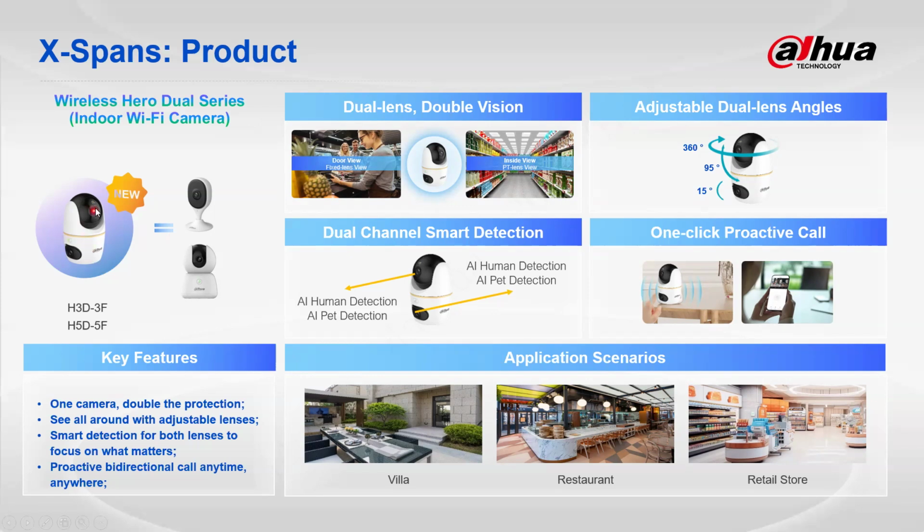But now we have included the bullet part within the product hardware so that you have two lenses at the same time. This is equivalent to having a simple Hero series and another cube camera. These are two different cameras. So instead of having these two different cameras, just have one camera that has two lenses all together.